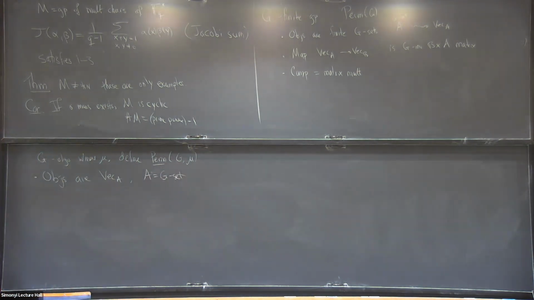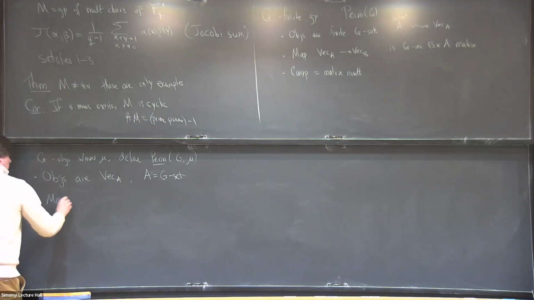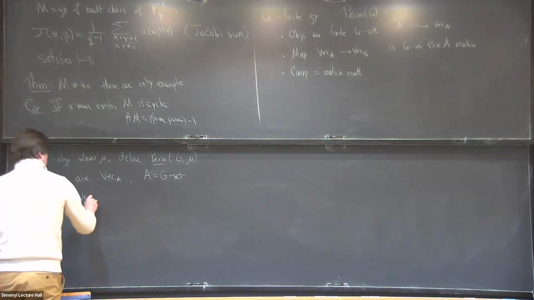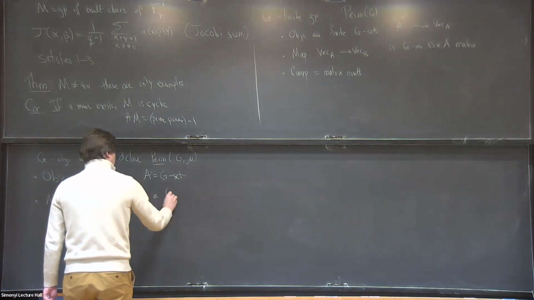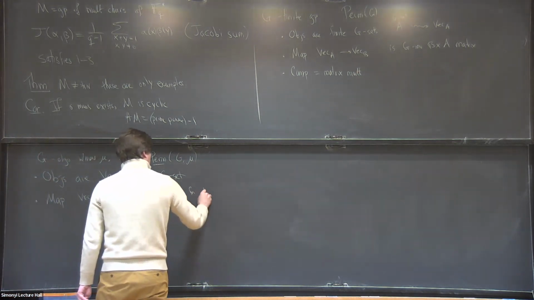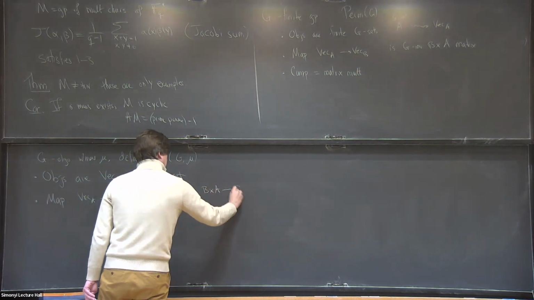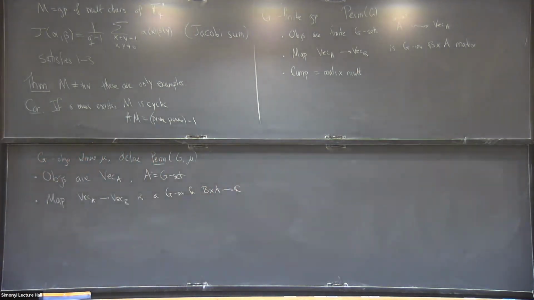And here by G set, I'm using the same convention as over here. So it's a finite union of orbits on powers of omega. A map from vec A to vec B is a G invariant function from B times A to the complex numbers. So think of that as like a B times A matrix.